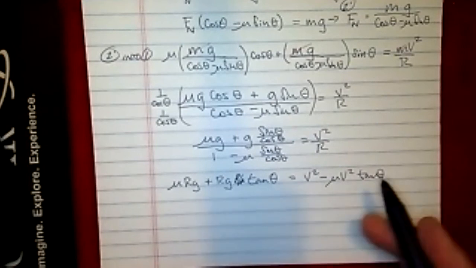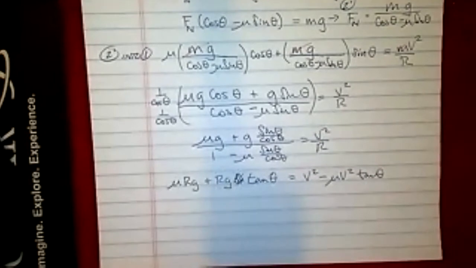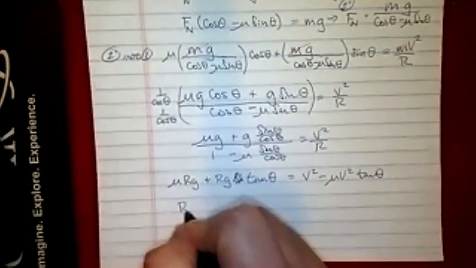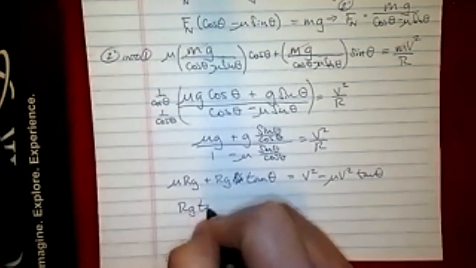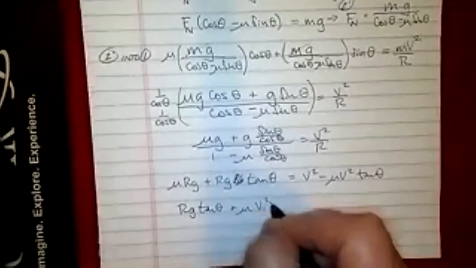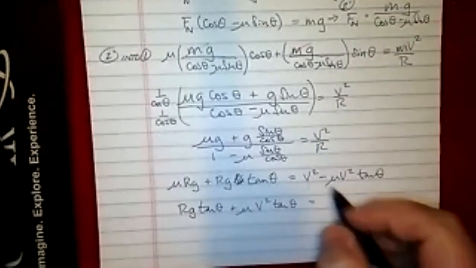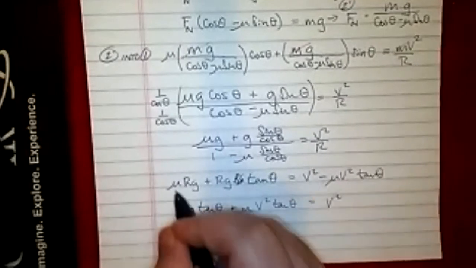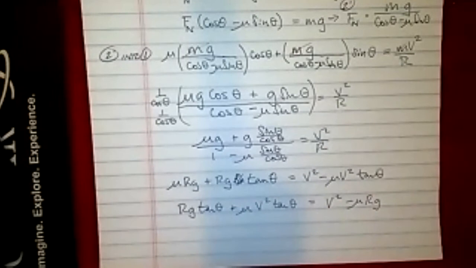So I will pull this one over to here and pull this over here. So I'll get R times g times tangent theta plus mu v squared tangent theta is equal to v squared, that comes from that one, minus mu R g.